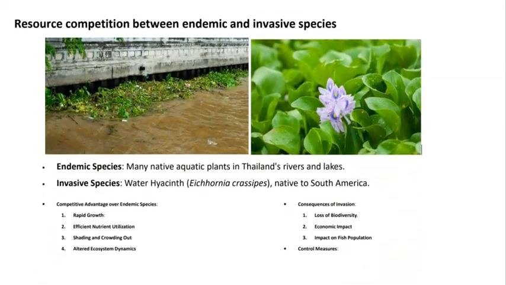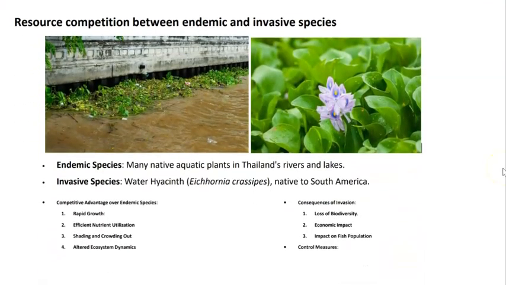If we move to the idea of invasive species, an invasive species is an organism that is not endemic. Endemic means that this is a plant or an organism which naturally comes from a particular location. So the example that I'm showing you here is the water hyacinth, and in my particular location on the rivers and lakes of Thailand, water hyacinth are very famous.